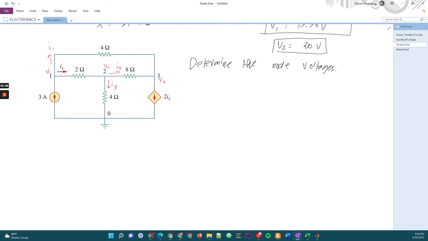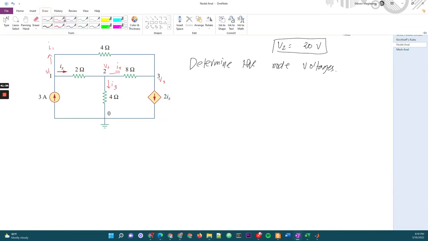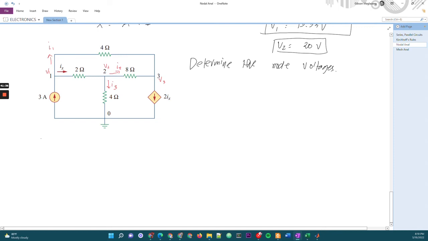We will apply KCL at every junction or node. Okay? So let's take a look at node 1. Okay, at node 1, we have 3 amperes equals, ang gawas kay I1 plus Ix. Okay?